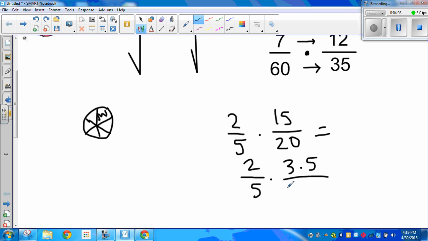And what would be a good one for 20? There's lots of them, right? There's 2 and 10. There's 4 and 5. But I would say probably 2 and 10 because I know I already have a 2 up top. And in doing so, I can go ahead and cancel those. I see some 5s I can cancel. It looks like I'm just left with 3/10. Isn't that nice? And that is the actual reduced fraction. I end up not even having to multiply at all because they cancel out.